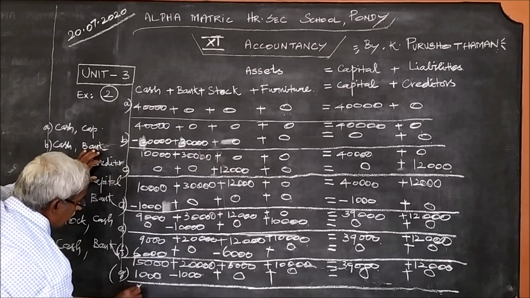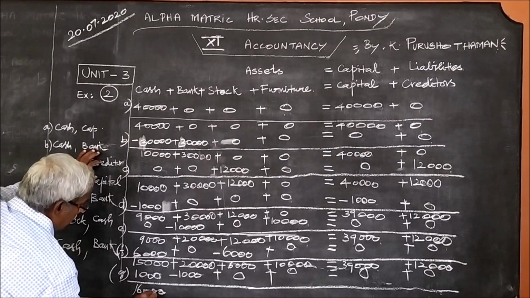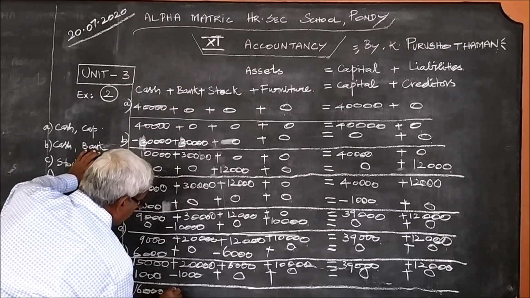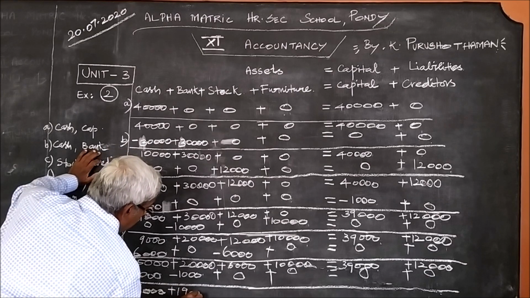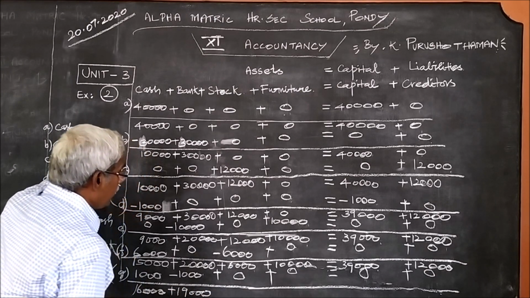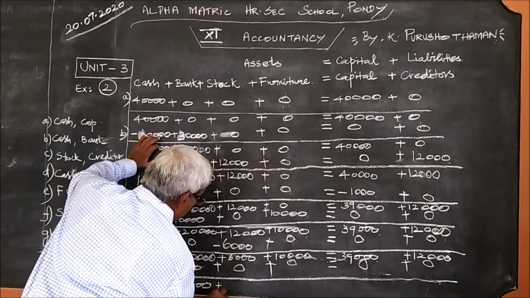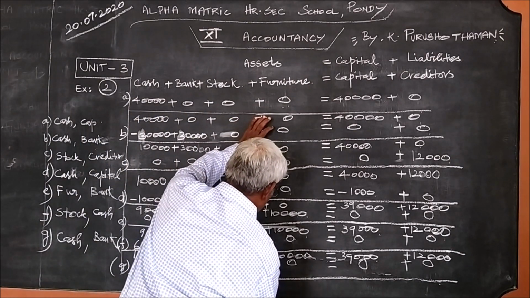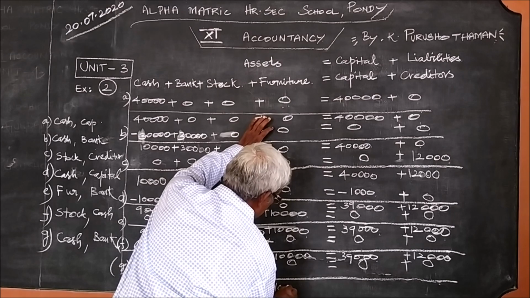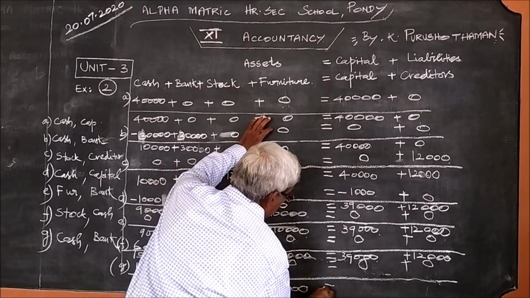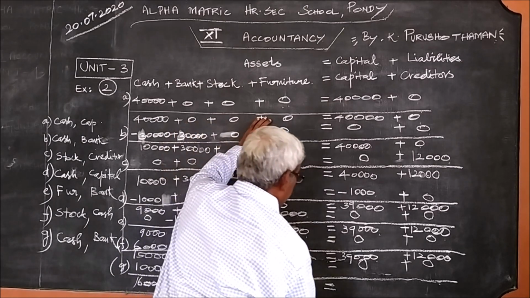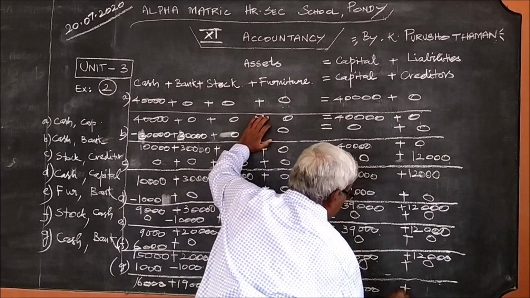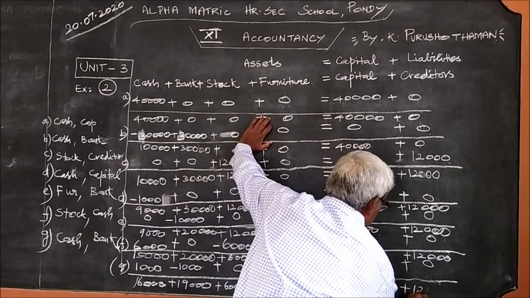15,000 plus 1,000, 16,000. 20,000 minus 1,000, 19,000. 6,000 plus 0, 6,000. 10,000 plus 0, 10,000. 39,000 plus 0, 39,000. 12,000 plus 0, 12,000.